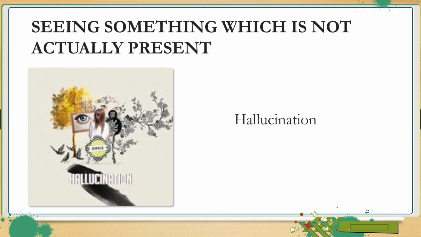It is basically a sort of illusion where we believe things to be happening, but in reality they are not. Like I am going somewhere, and I feel like someone is following me and moving with me, but there is actually no one. That incident is basically my hallucination. So hallucination is seeing something which is not actually present.